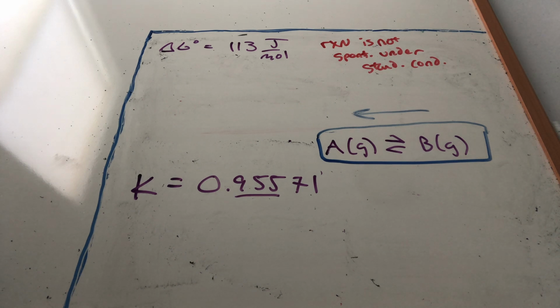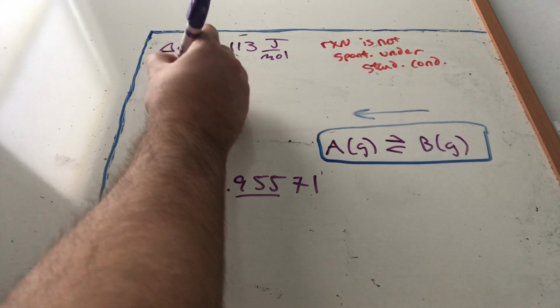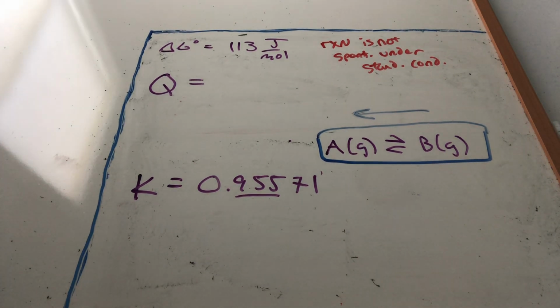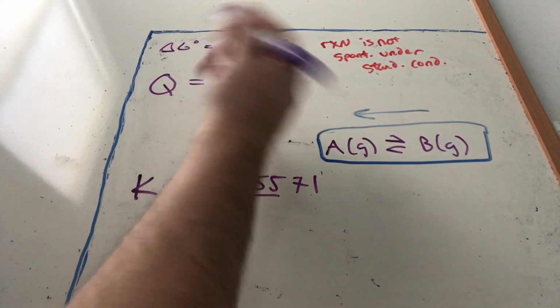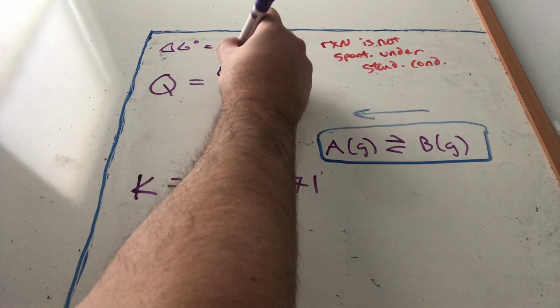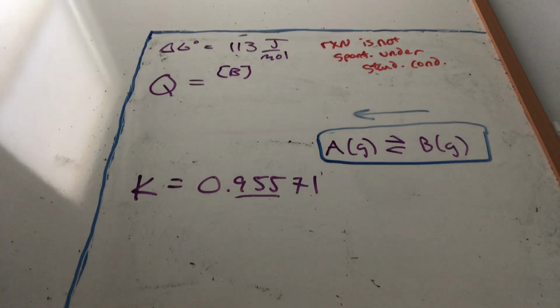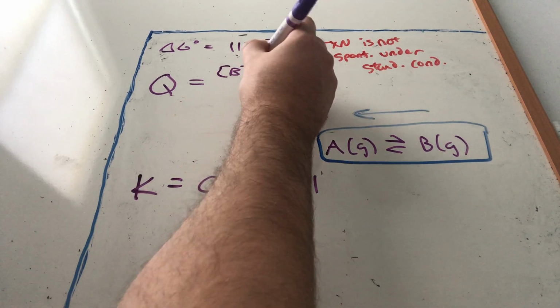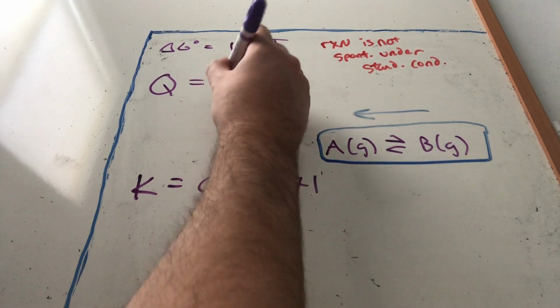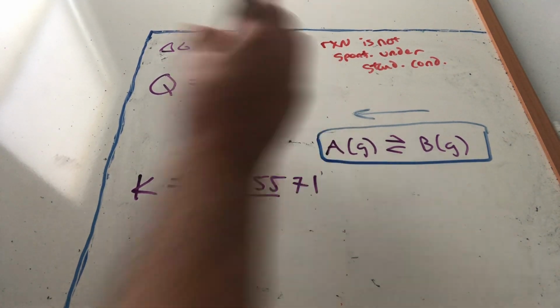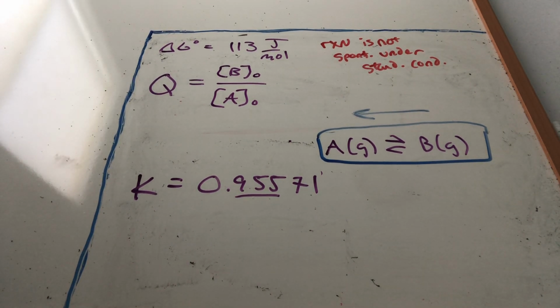Well, hold on a second. What's Q under standard conditions? Here's this reaction. What I would be doing is looking at the concentration or pressure. Let's make arguments for concentration: concentration of B initially over the concentration of A initially.